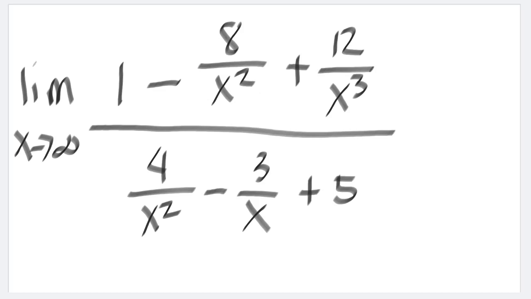So 8 over x squared, 12 over x cubed, 4 over x squared and 3 over x all become 0. Infinity by concept is a relatively large number. So what remains are a constant value 1 for the numerator and a constant value 5 for the denominator. Therefore, the limit of that function as x approaches infinity is equal to 1/5.